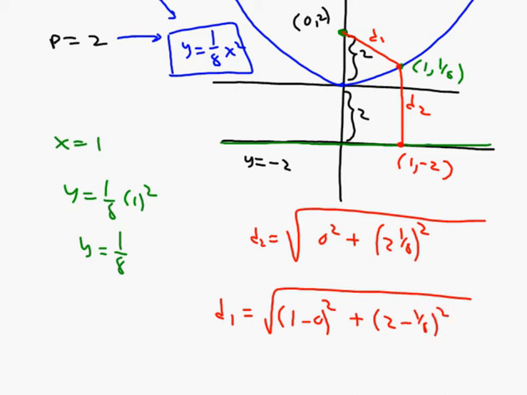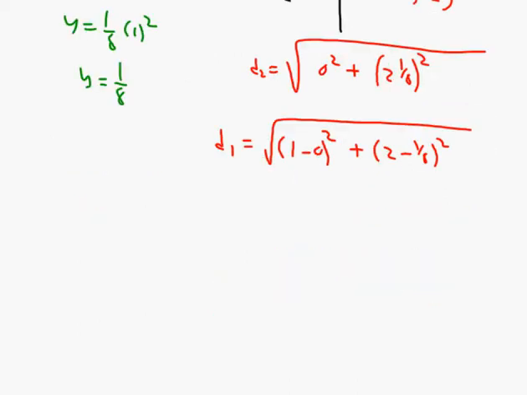Let's finish it. This is 1 plus, and 2 minus an eighth is 16/8 minus 1/8, or 15/8.